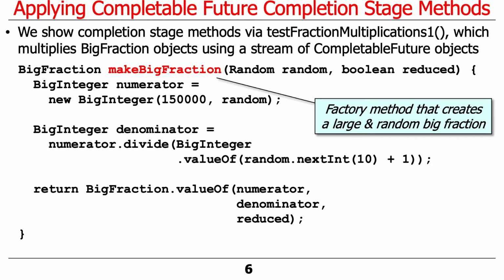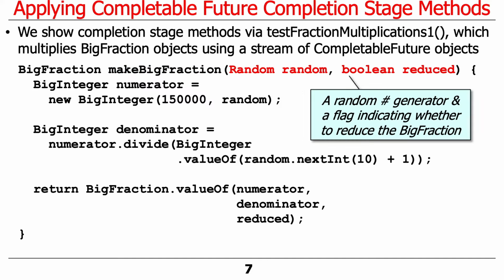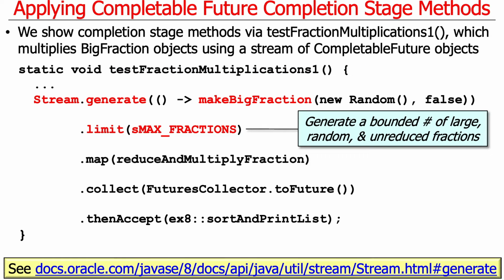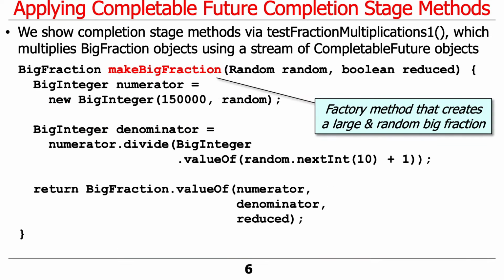Here's what make big fraction does. It's a fun little factory method that will create a ridiculously large and random big fraction. We pass in a random number generator and a Boolean flag to indicate whether to reduce it here or let it be reduced later. In this case, we're going to reduce it later because we pass in false.